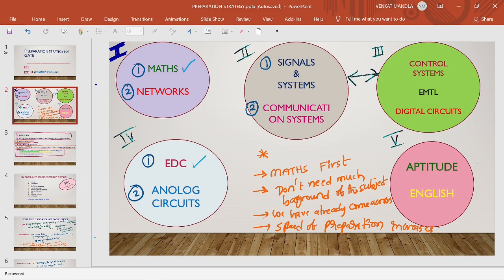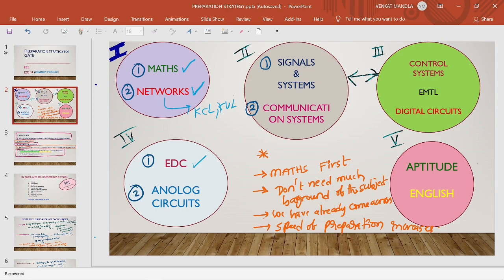The next subject I suggest is networks. Networks is also like a mathematics subject. All you need is just KCL and KVL.